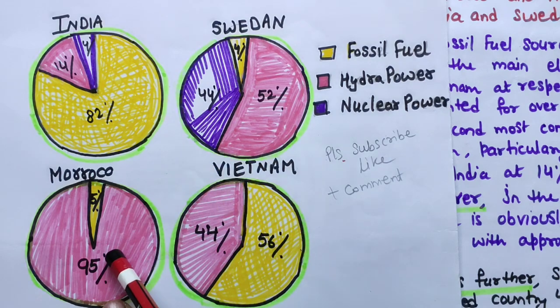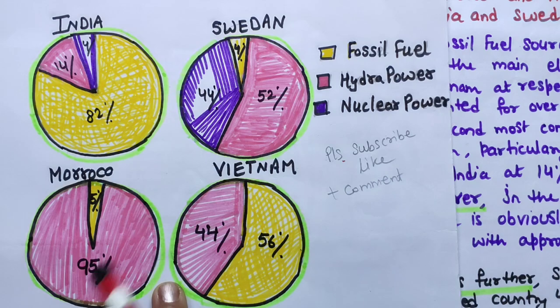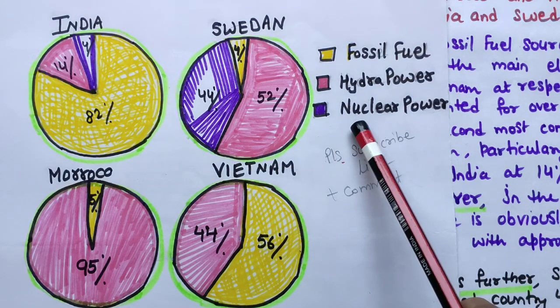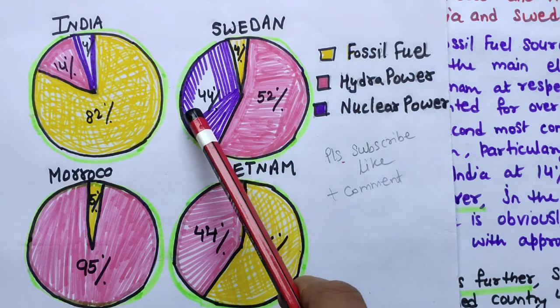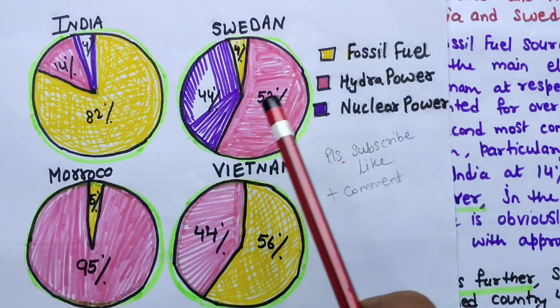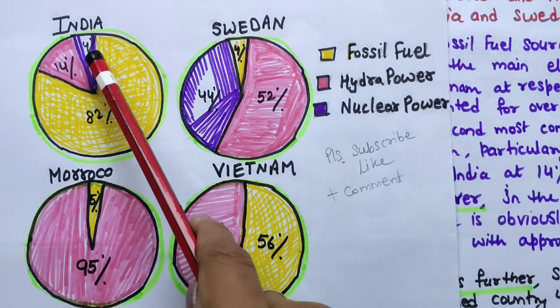So Sweden, Morocco, Sweden, and then third number is 44, that is Vietnam. Now another thing, third number category is nuclear power. So I can see Sweden over here 44% using nuclear power for producing electricity. Okay, so India is using only 4%.